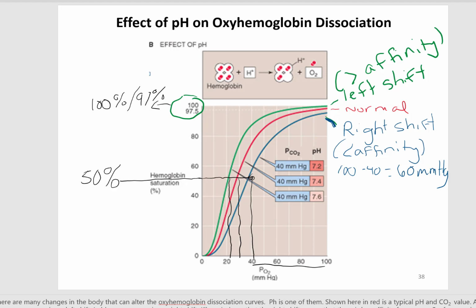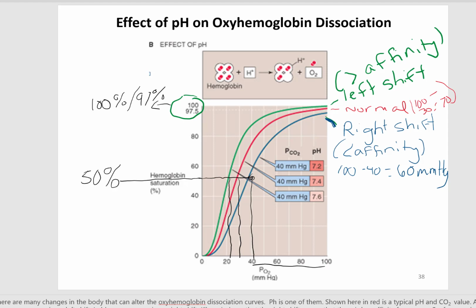But for the normal curve to go from 100% saturated to 50% saturated, we would have to go from 100 millimeters of mercury down to 30, which would be a difference of 70.